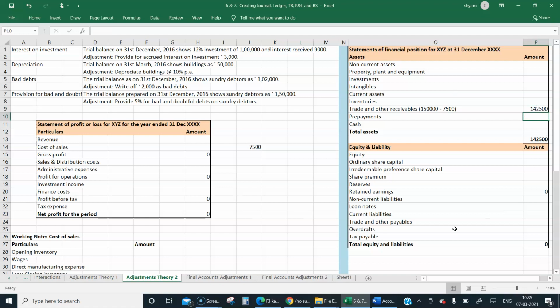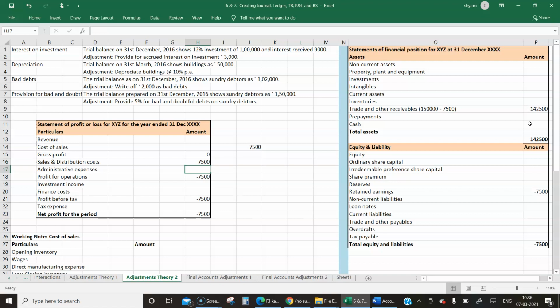7,500 got deducted. But what about the equity side? For the equity and liability side also, 7,500 has to get reduced. This 7,500 we were booking as a provision. Provisions should be considered as a kind of loss. It's not a loss, it's providing for a loss, so that is also similar to a loss.